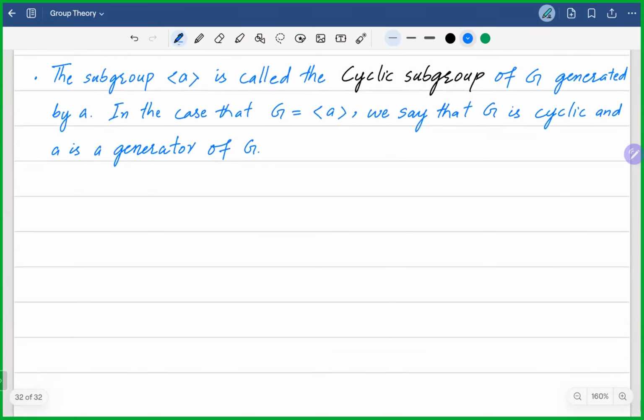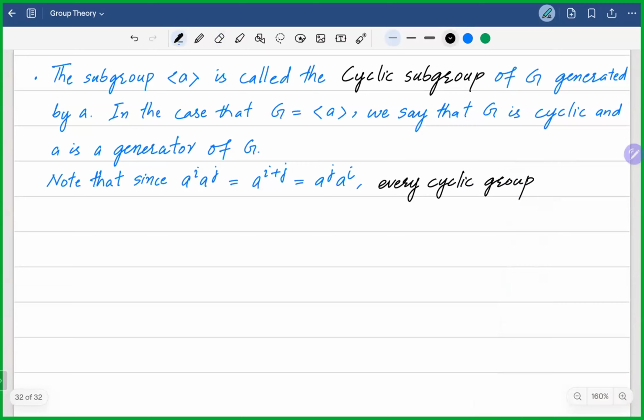Also note that since a power i times a power j is equal to a power i plus j, and it can also be written as a power j times a power i, we can say that every cyclic group is abelian.